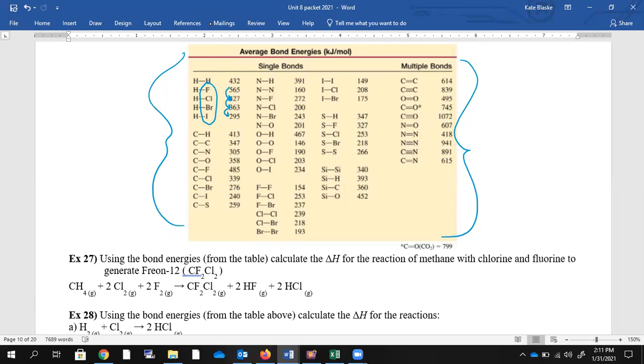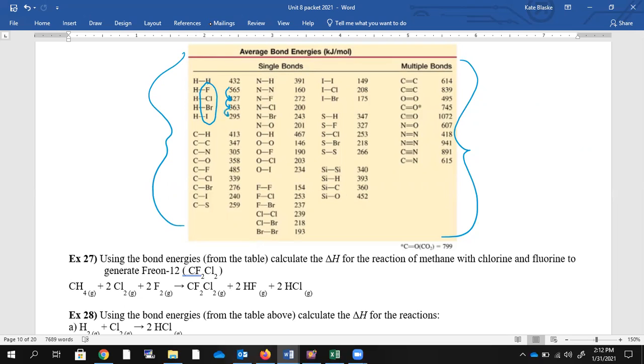As we go down a group on the periodic table, especially in those halogens, we are increasing the size of the halogen atom, which means that that hydrogen is farther away from the iodine than it is from the fluorine. It means that that bond is not as strong, it's not as attracted to the iodine, and so there is less energy stored in that bond, meaning that it takes less energy to break that bond apart.